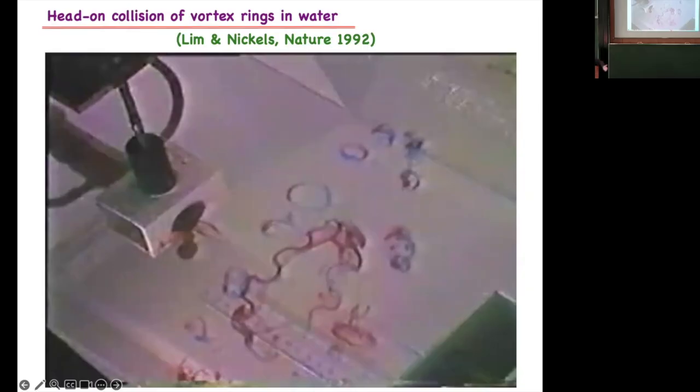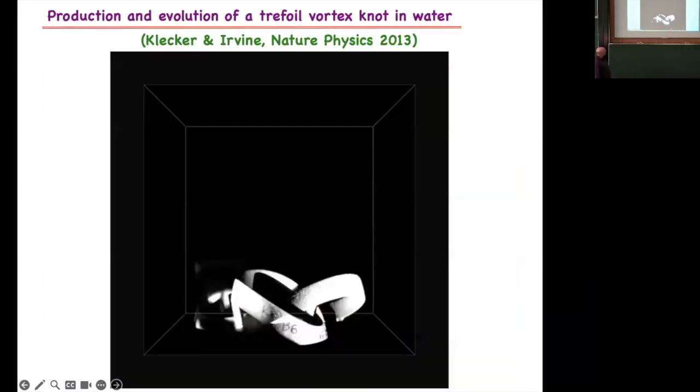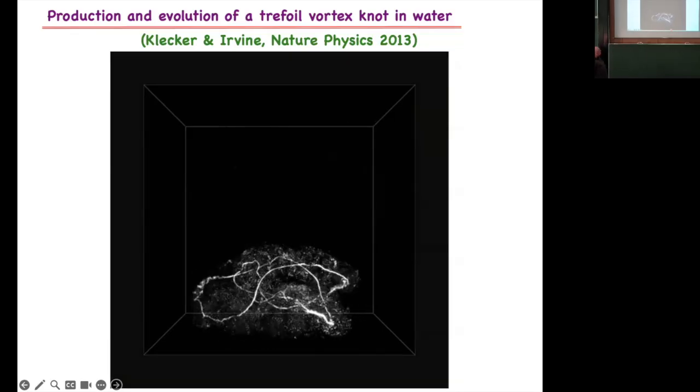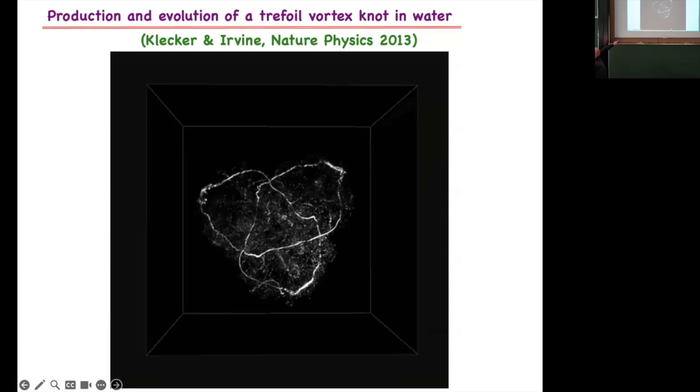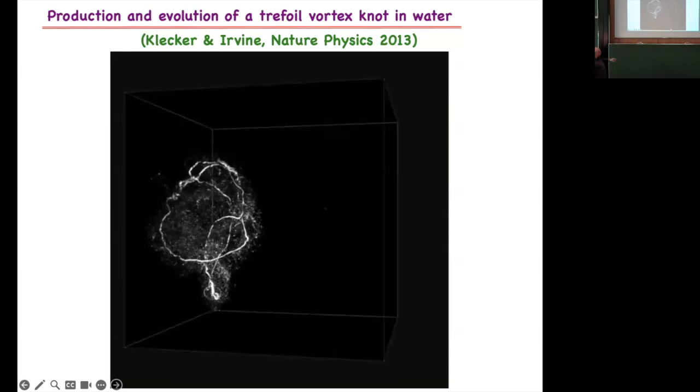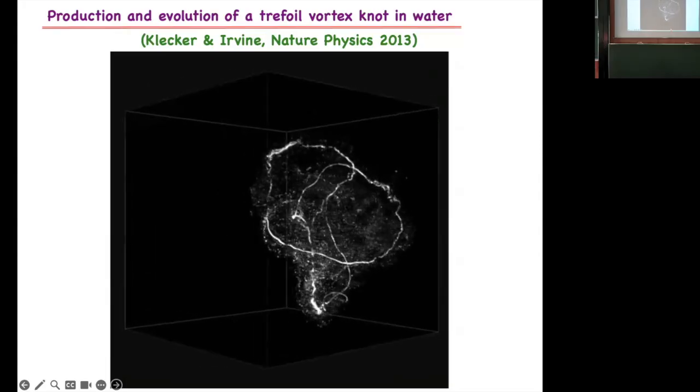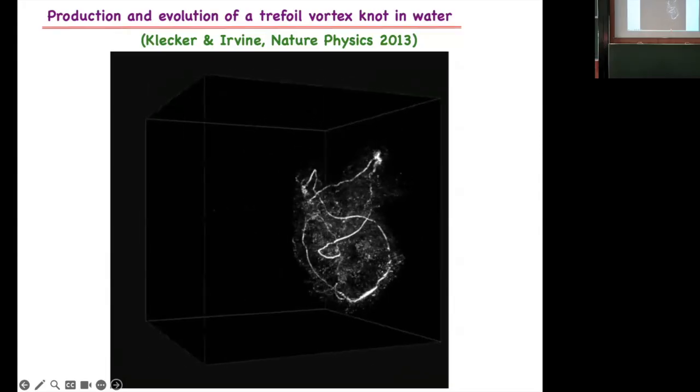Of course, many people did the same in simulations. I will show you one case. This is the other video that you saw already. Why not play it again? There is an airfoil in the shape of a trefoil. The trefoil goes on, and you can check that it is a trefoil. I'm showing this because at a certain point the trefoil becomes a Hopf link.